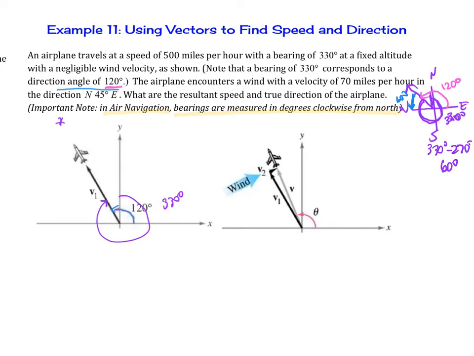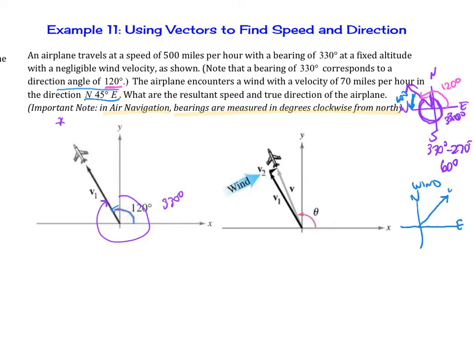The next thing we look at is the airplane encounters a wind with a velocity of 70 miles per hour in the direction of north 45 degrees east. So let's draw that. The wind direction is north 45 degrees east. So here's the wind. Here's north, here's east. So therefore the wind is traveling in this direction.